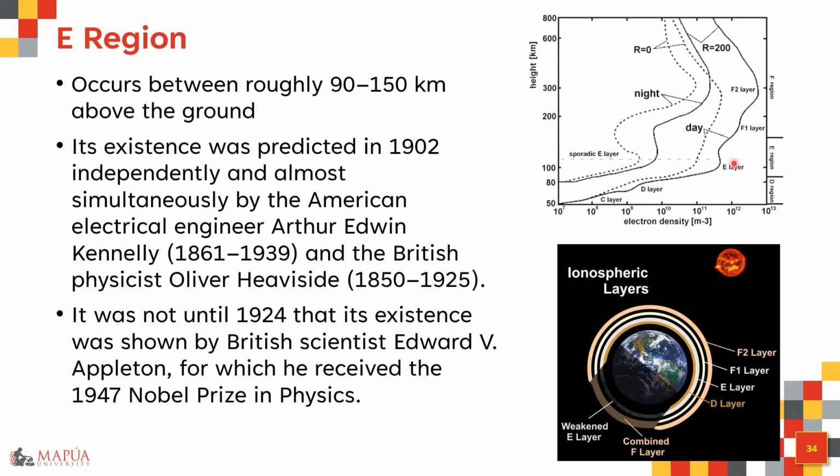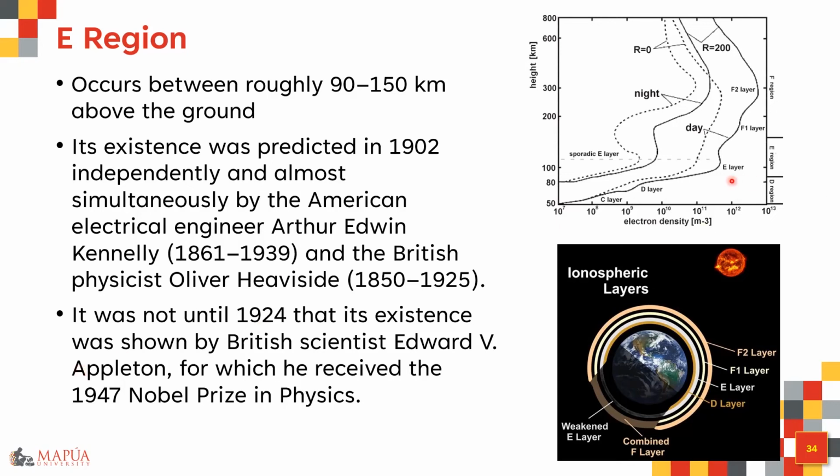It's called the E layer because E stands for electrified. When Edward Appleton transmitted a signal towards the atmosphere, it was reflected. So this is the electrified region in the Earth's atmosphere. That's why it's called the E layer.